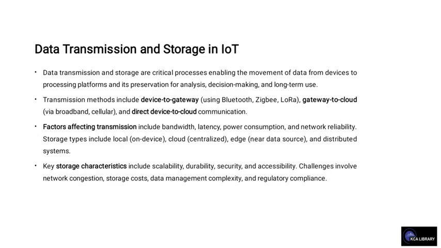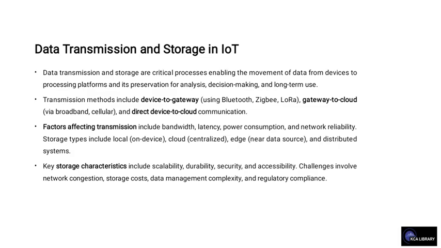And transmission methods include device to gateway, as we've talked about, using the Bluetooth, the Zigbee, and we also have the gateway to cloud as per the broadband, the cellular, and we have the direct device to cloud communication. And the factors affecting transmission include the bandwidth, the latency, the power consumption, and the network reliability.